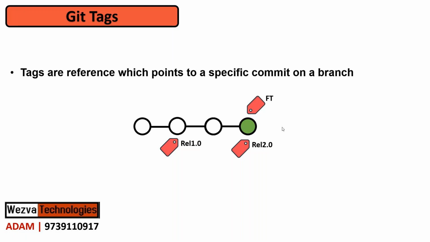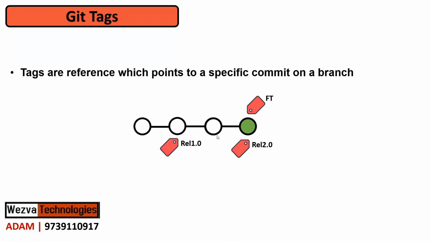Let's say developers commit code and after that you do some testing like functional testing. At some point, if I want to know the last commit ID in which functional testing has been completed, you can apply a tag called functional testing and keep moving it from one commit ID to another. So tags are nothing but names which can be associated to a commit ID for quick reference.